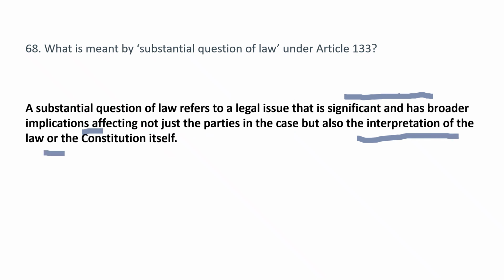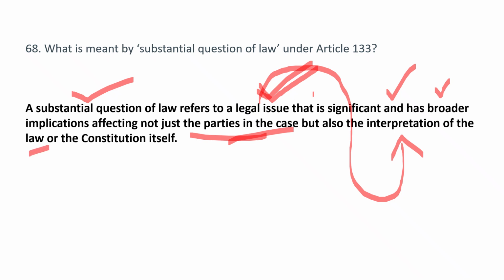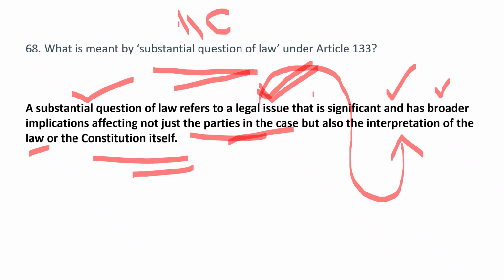That means it is a legal issue that is significant and has broader implications, not just affecting the parties in the case but also needing the interpretation of the law or the constitution itself. Then it comes under a substantial question of law. Then the High Court certifies and the Supreme Court takes the appeal. Okay, next question.